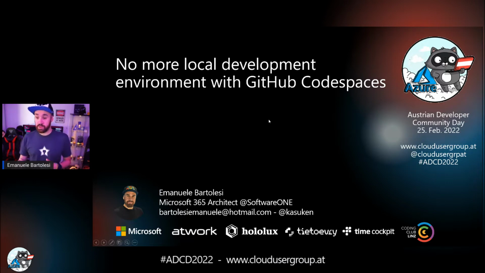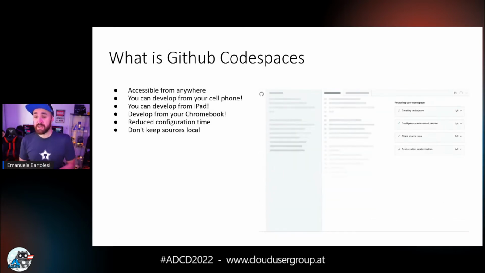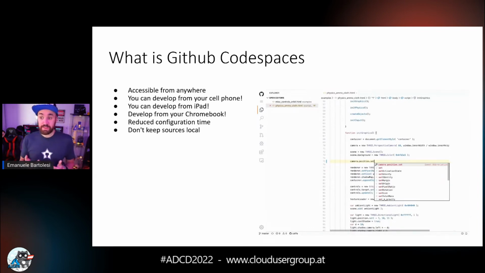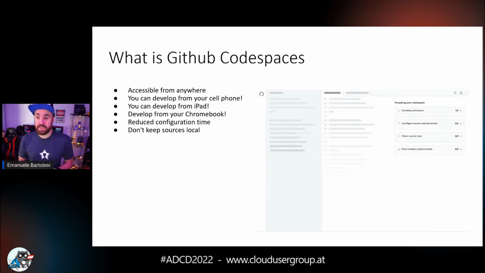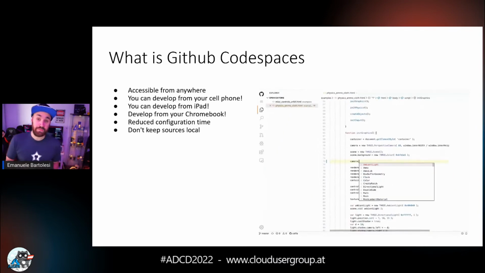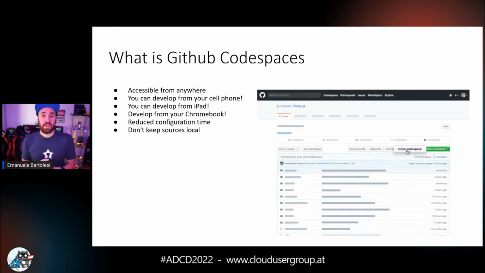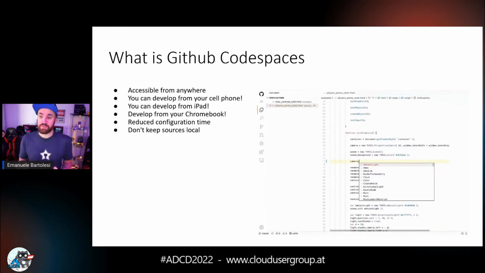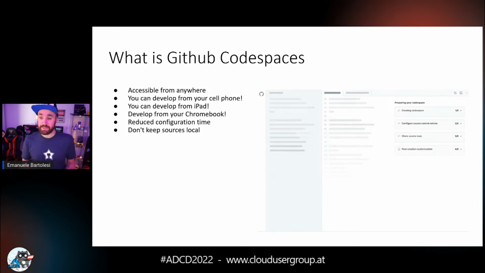But first of all, I want to tell you what GitHub Codespaces is. GitHub Codespaces, first of all, is a development environment accessible from anywhere. So you can access it from a browser, for example. It's accessible from anywhere for this reason: if you have a browser, you can access your development environment.